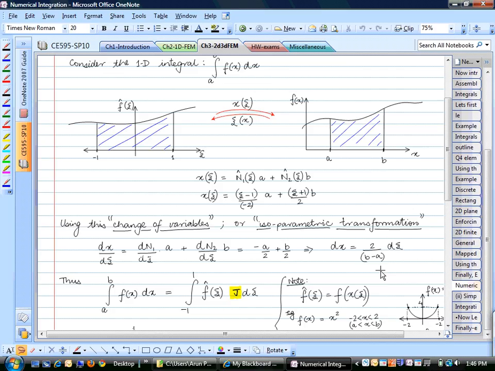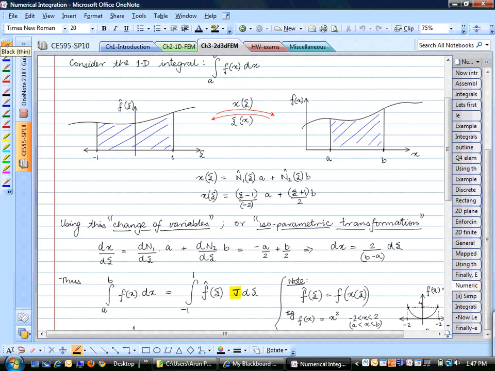I mean physically, it is (b minus a) over 2. So b minus a is what? That's the length of this element. What is the length of the parent domain? 2. So this is nothing but the ratio of the two lengths.